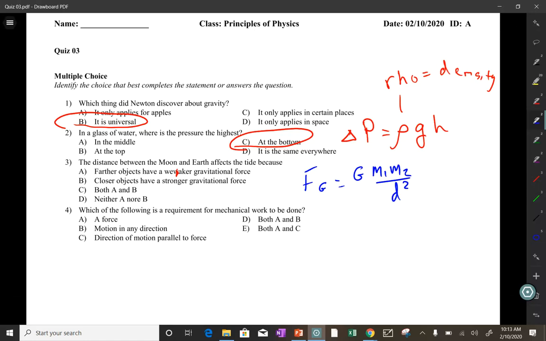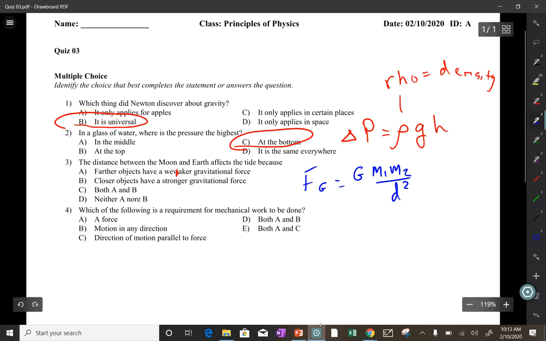Think of, for instance, 10 divided by 2 is 5. If you go to a smaller divisor, 10 divided by 1, it's 10. So things that are closer have a stronger gravitational pull. That's why last class period, the force was strongest between you and the person sitting closest to you, because of that 1 over distance squared.